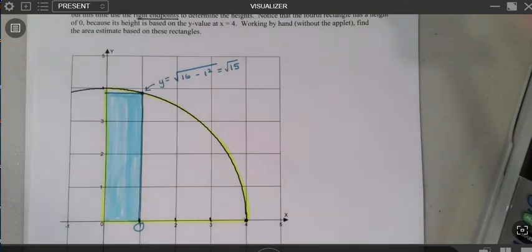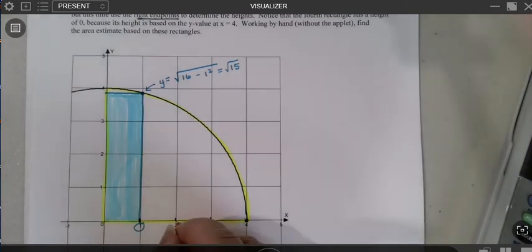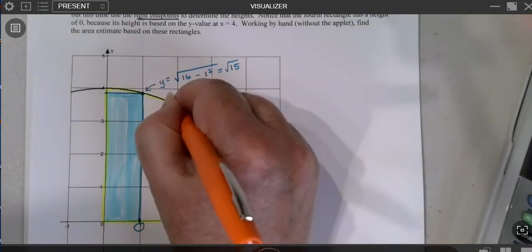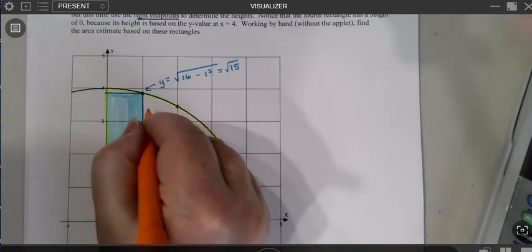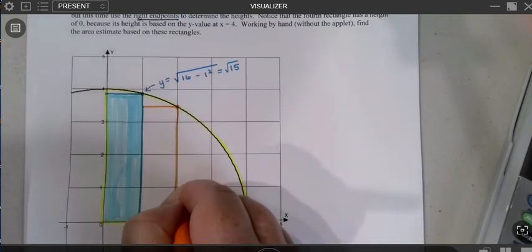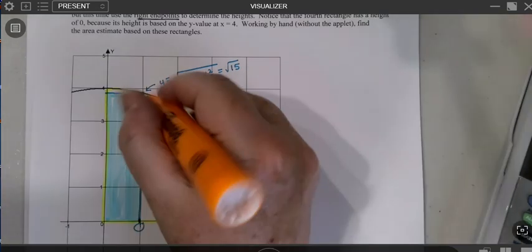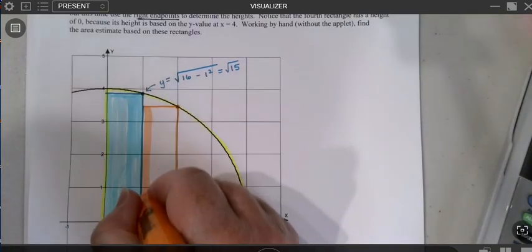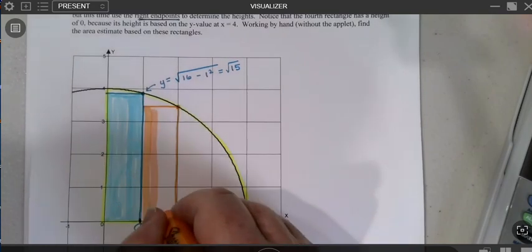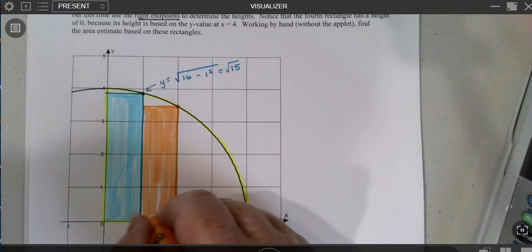Let's do 3 more. I'm going to go to my next rectangle, which would go from 1 to 2 on my base. And since I'm using the right endpoints, I'm using the height over here at 2 to level off my rectangle. And here's my area. Again, you'll notice that the area of the rectangle itself is actually a little bit smaller than the true area under my circle.